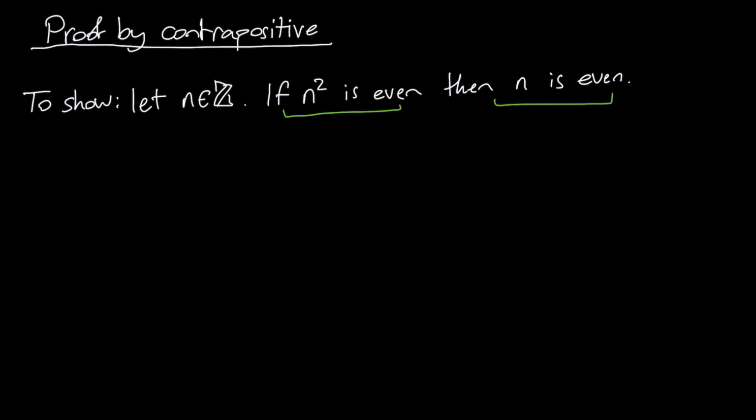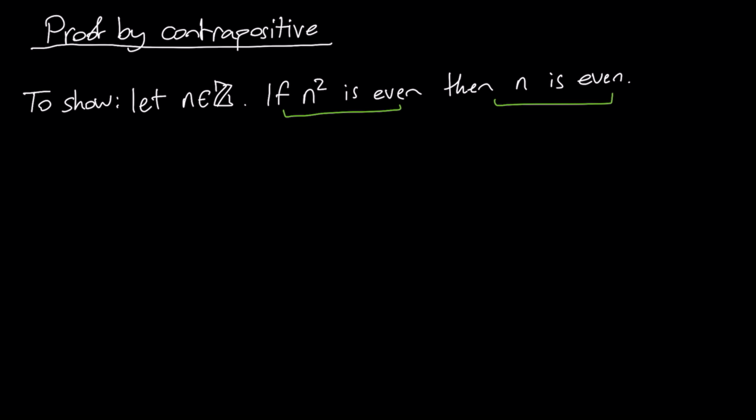It's worth taking a moment to think if we don't immediately recognize that this is a very different statement. We're not supposing that an even number, when you square it, remains even. We're trying to prove that if a number squared is even, the number is even. So it is a different statement. It's kind of the other direction.